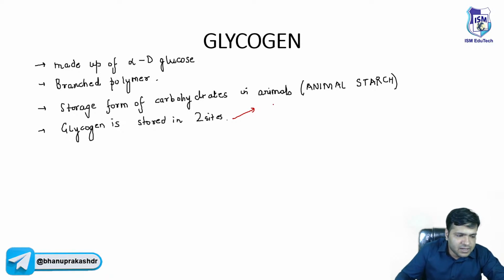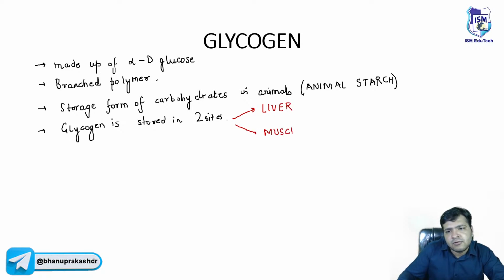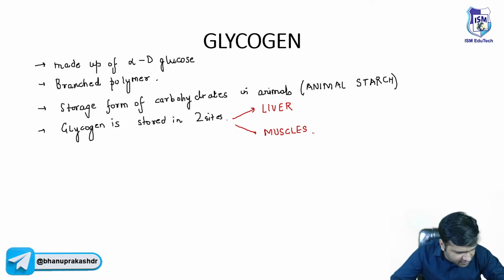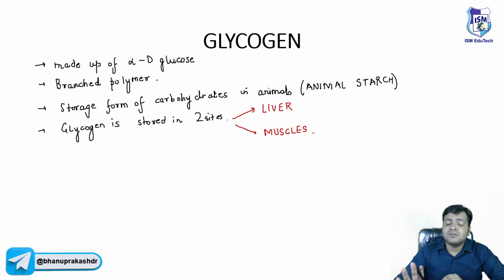The first one is the liver, and the second one, beta, is the muscles. Yes, Kriti, very good. Shraddha, very good, beta. Liver and muscles are the two sites in our body where glycogen is stored.